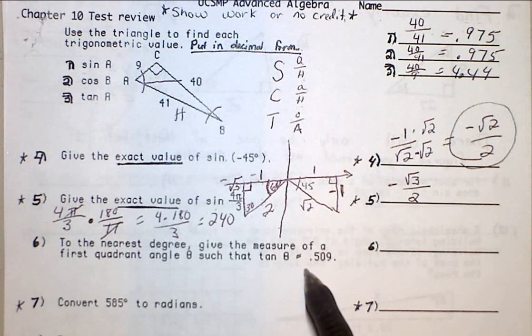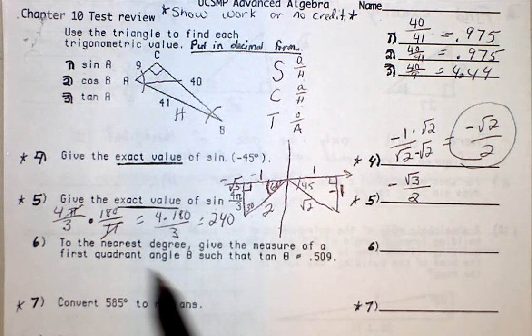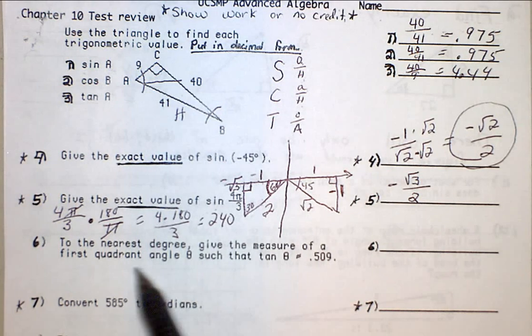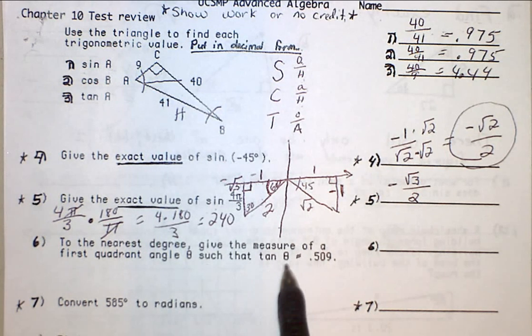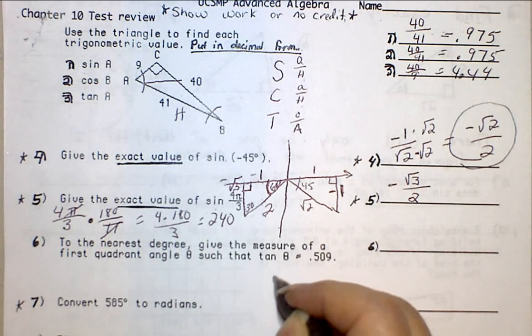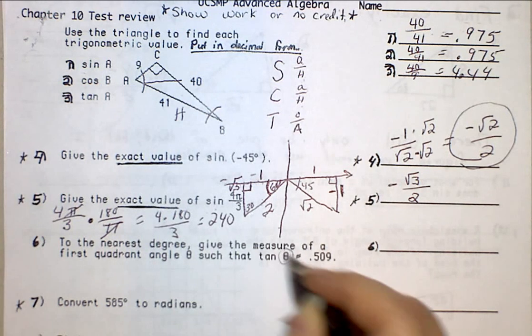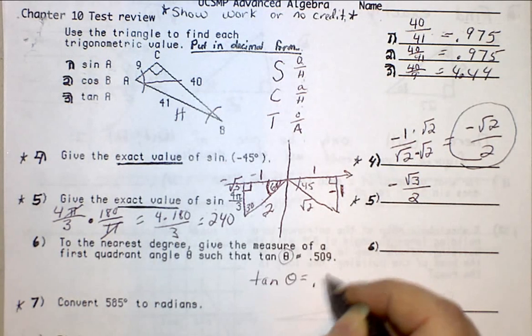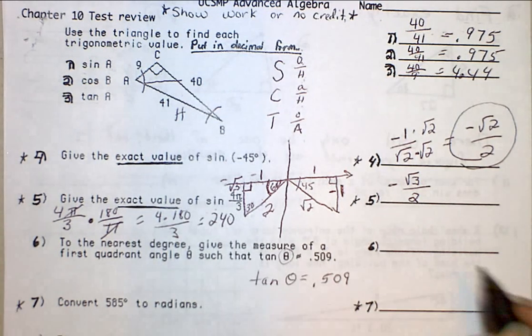Tangent, we have: to the nearest degree, give the measurement of the first quadrant angle such that tan theta is this. So we are trying to find theta. If tan theta is 0.509, how do I find theta?